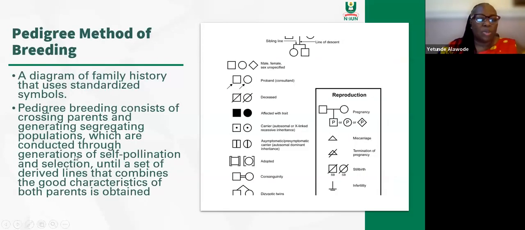And we briefly want to talk about the pedigree method of breeding. Pedigree simply means the family history, the history of a family. It also happens in crops. If you want to know the history of a particular crop, you have to go to the pedigree, or perform what is called pedigree breeding, because sometimes you have to look at the descendants of that plant for breeding purposes.